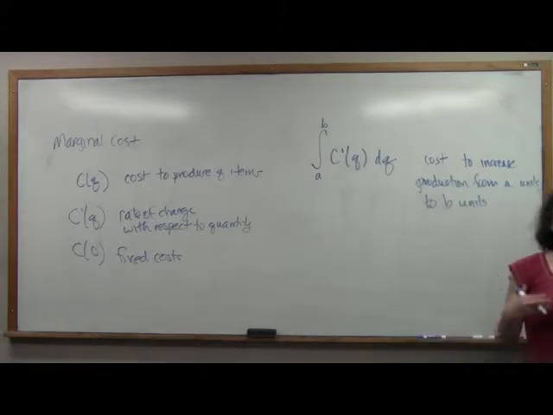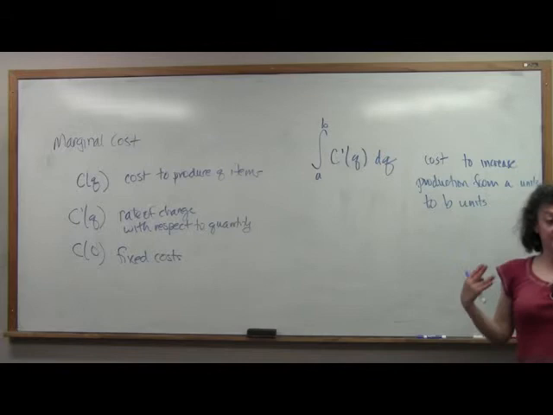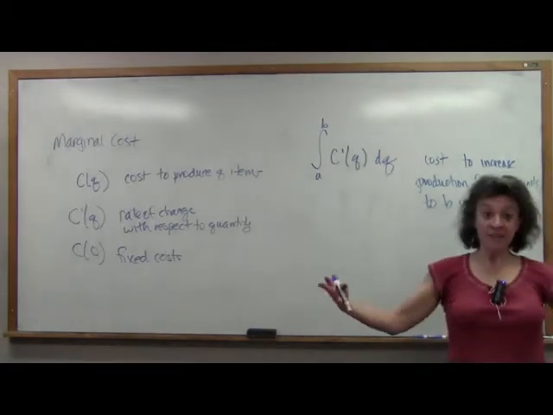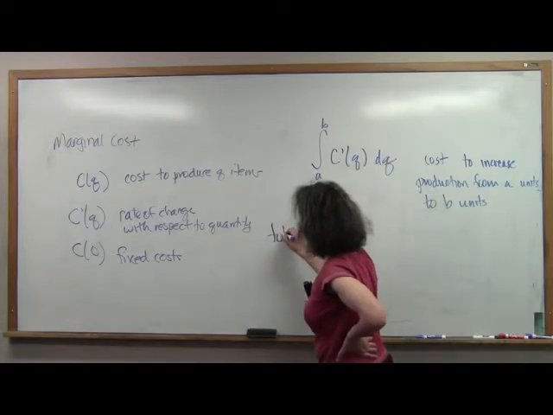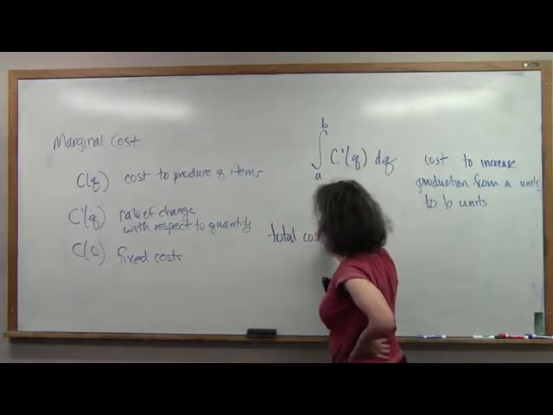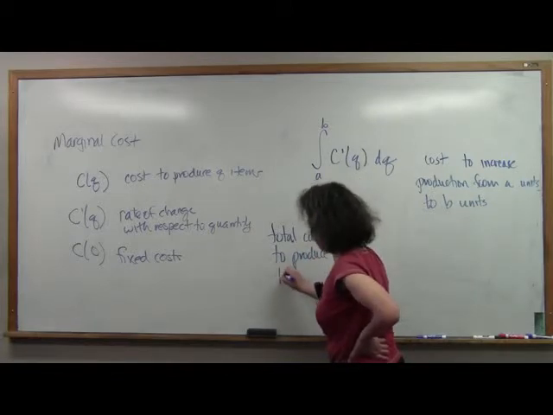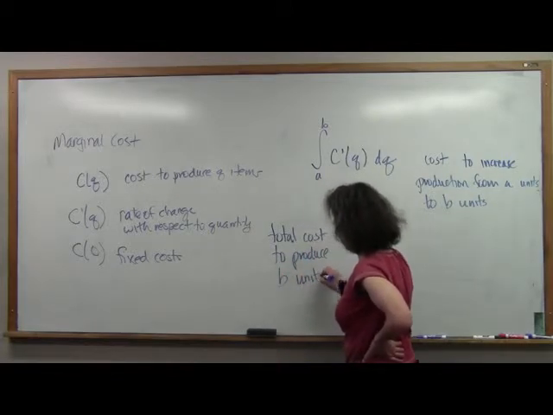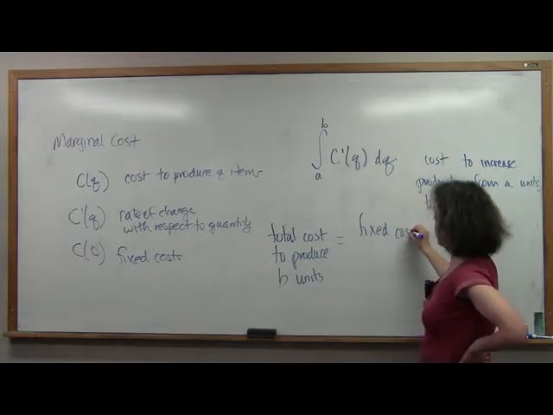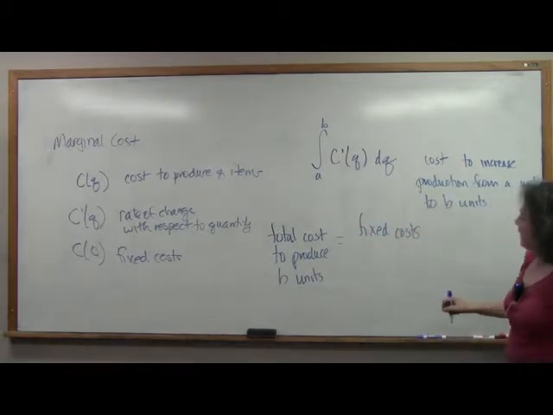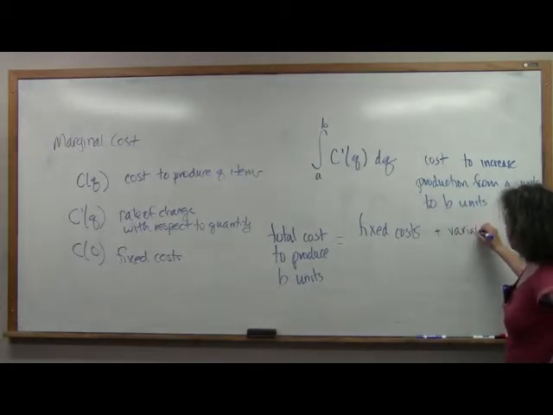So what if we wanted to know, if we knew our marginal cost, what the cost is to produce B units? Well, what we would come up with, the total cost to produce B units, well, in words, we're going to have our fixed costs, and then what we're going to have are our variable costs.